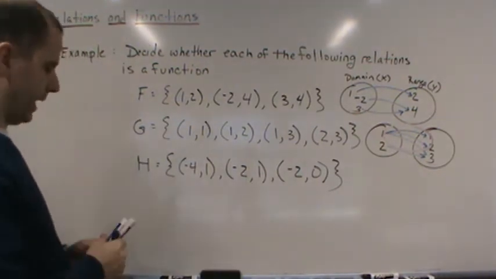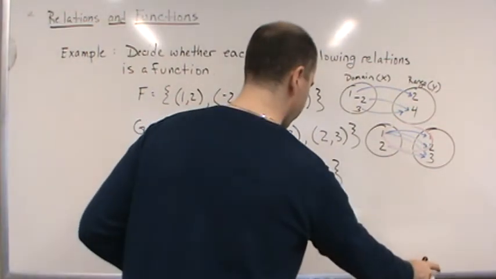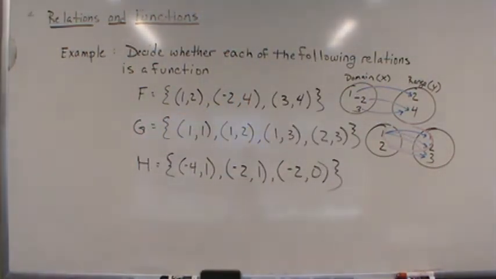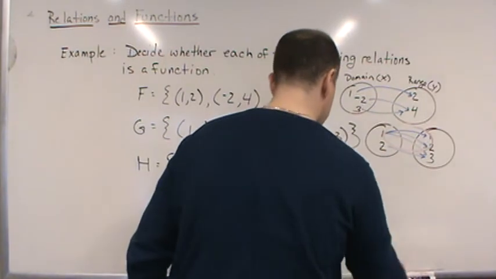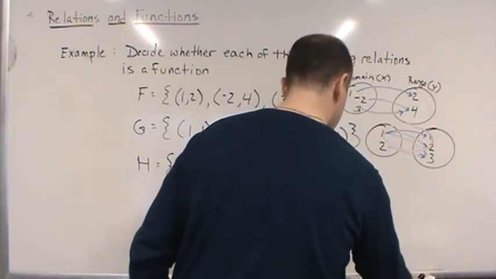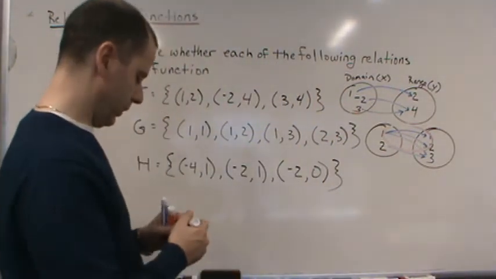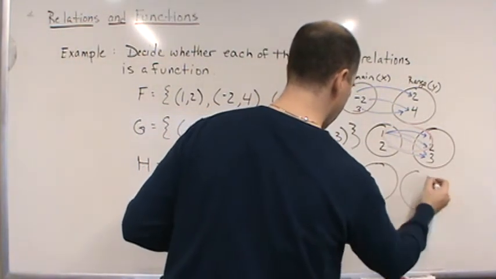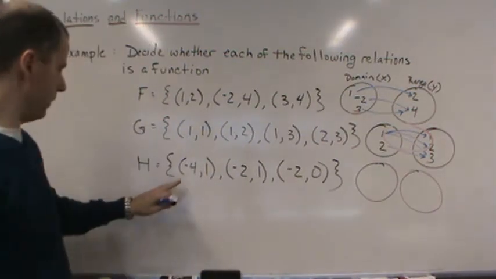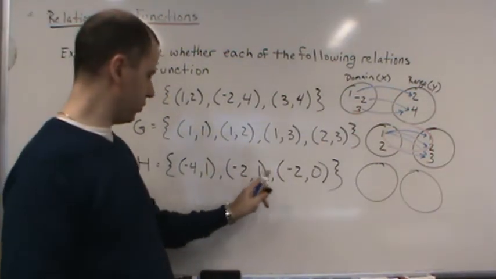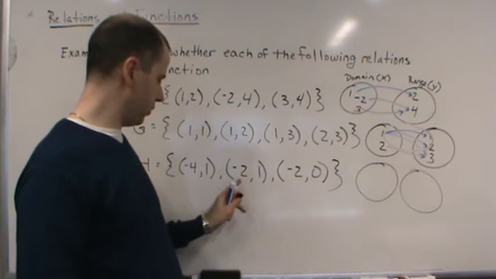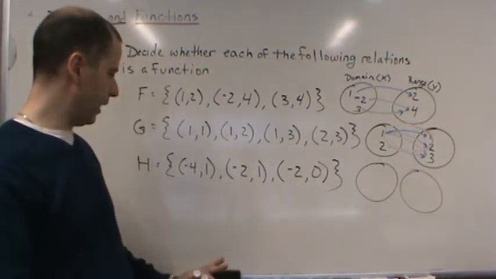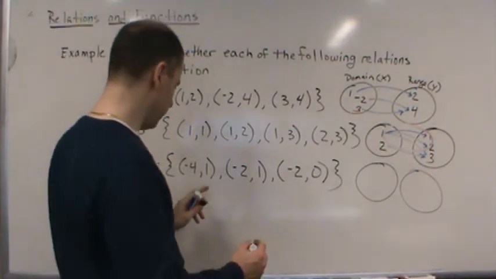Okay, now let's look at the last one. Okay? So now here, I've got, again, oh, here we go. I got two negative values. I got two values of x that are the same, but they have different y values. So this is not a function. Okay? So again, let's visualize how this is.